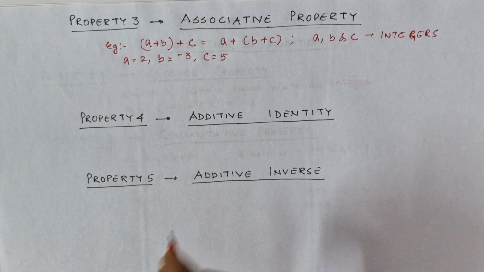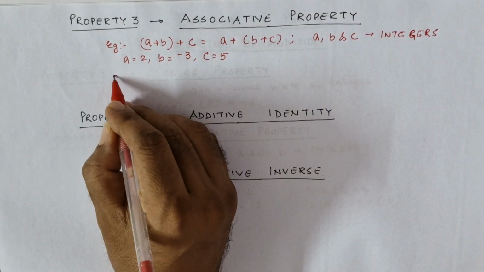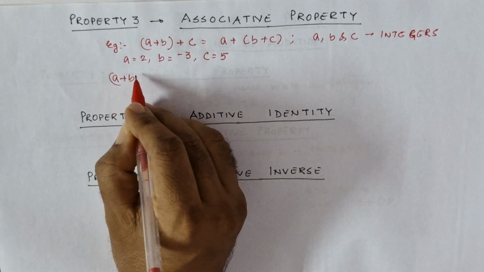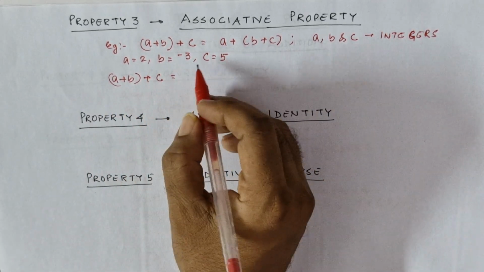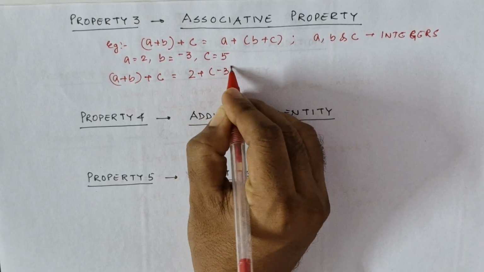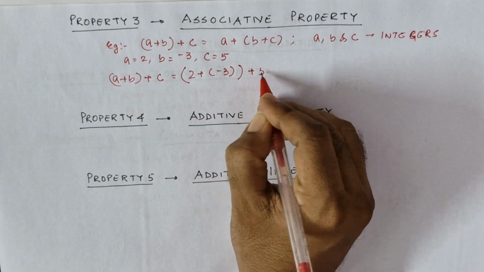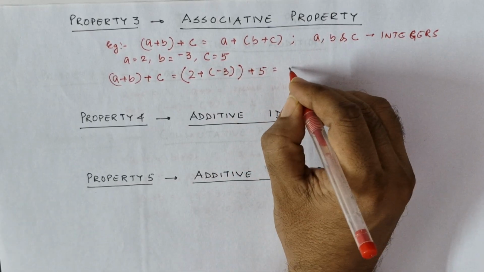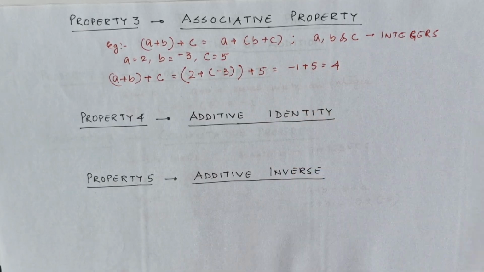So let us do the left hand side first. A plus B grouped, plus C. So it will be 2 plus -3, we will group this one, plus 5. So it will be -1 plus 5, which will result into 4.